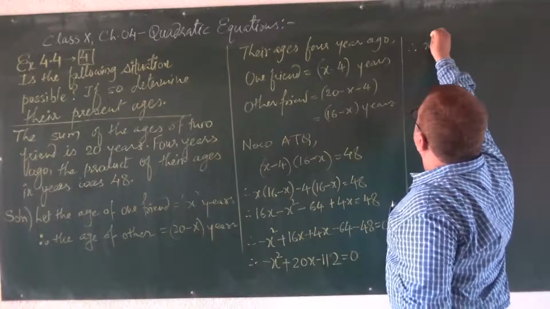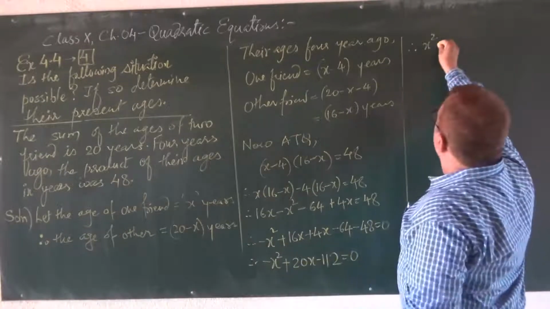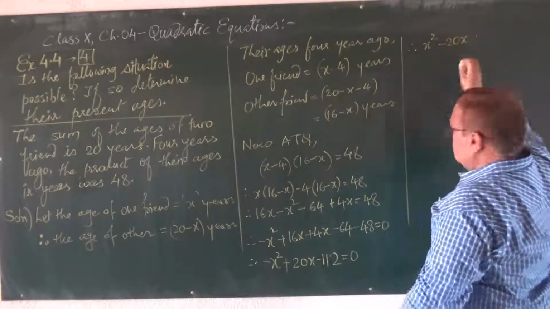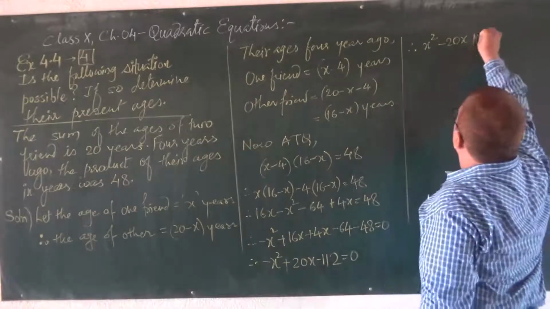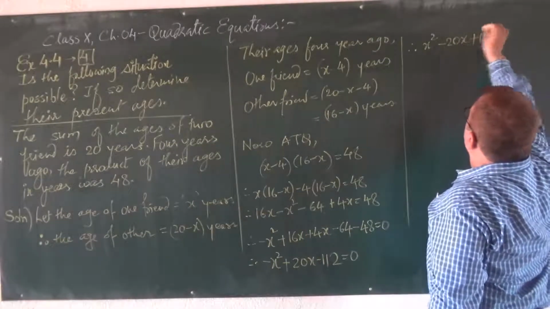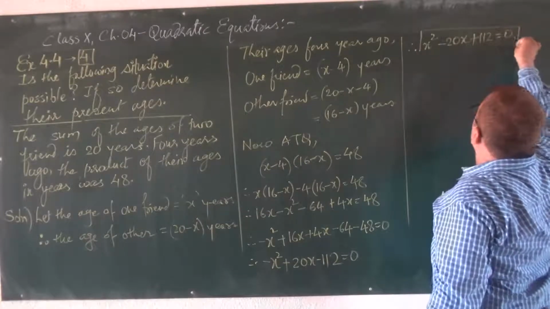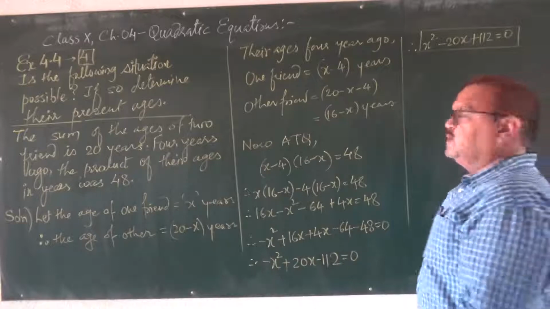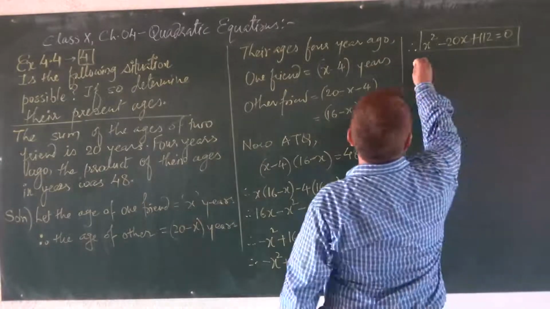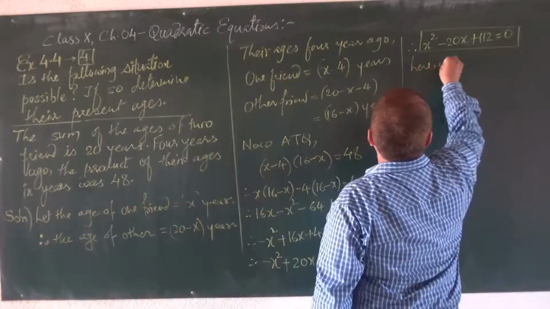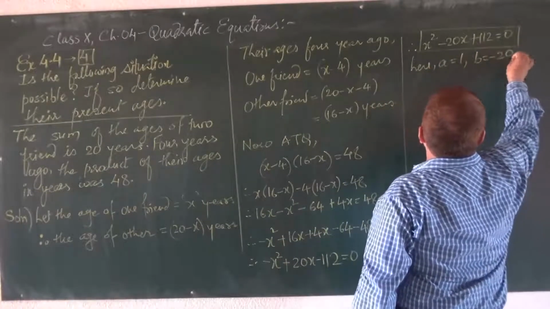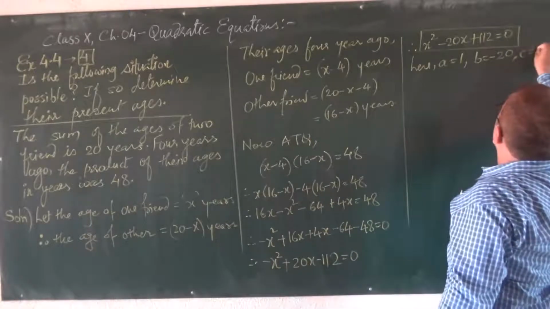So all signs will change. x square minus will become plus, plus will become minus 20x, and minus will become plus 112 is equal to 0. Now compare this with ax square plus bx plus c is equal to 0. Here a is 1, b is minus 20 and c is 112.